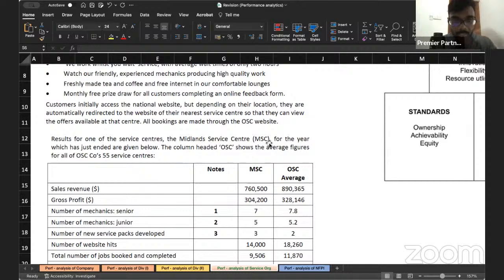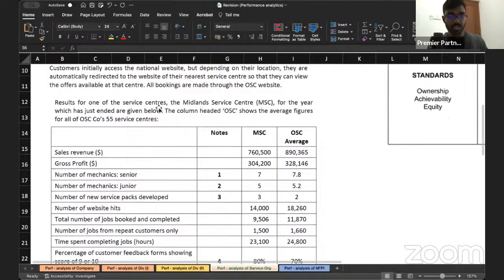All bookings, their website bookings, no? Results of one service center, Midland Service Center, for the year which has just ended are given below. The column headed OSC shows average figures for all OSC 55 service centers. So you're looking at one center against all the other centers, no?